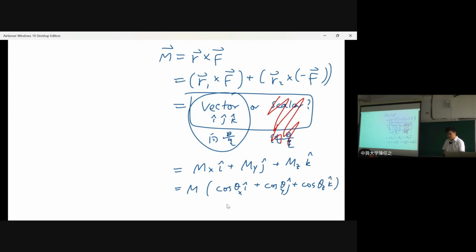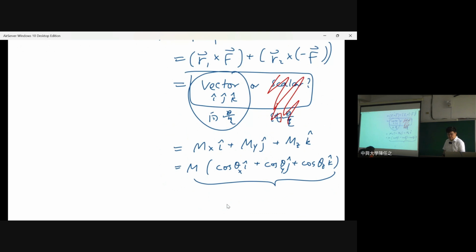Okay, so what's this vector called? It has a magnitude of 1. What's the name for this kind of vector? Unit vector, okay? So these are the things that we talked about in September, October. So take a look at it.